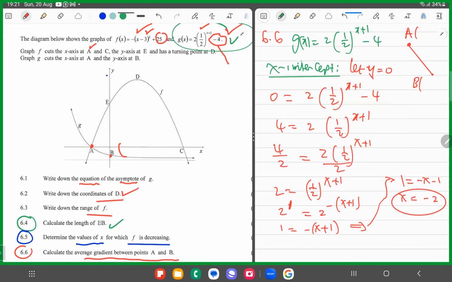So now it means the following. It means that that is the x-intercept. So the coordinates of A would be x equal to minus 2 and y is 0. All right.